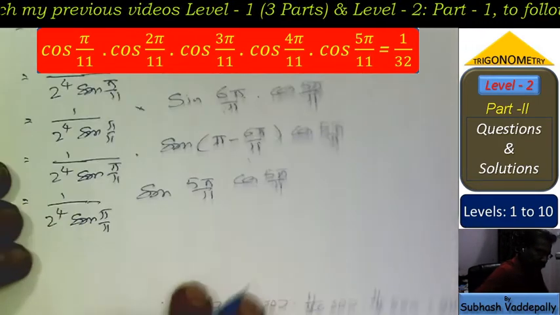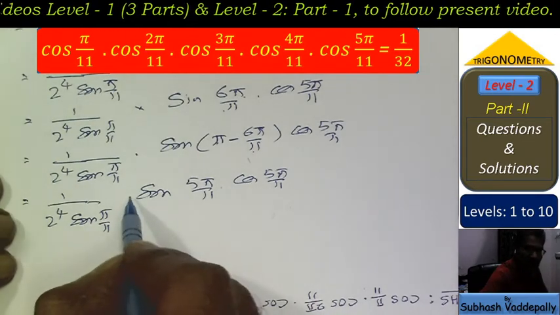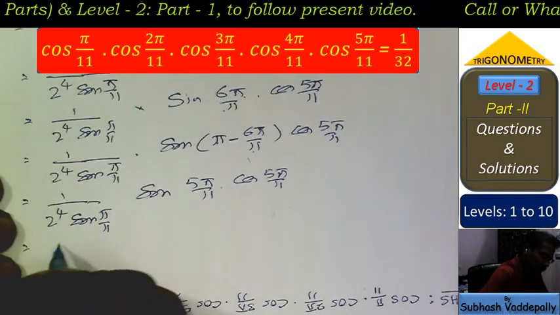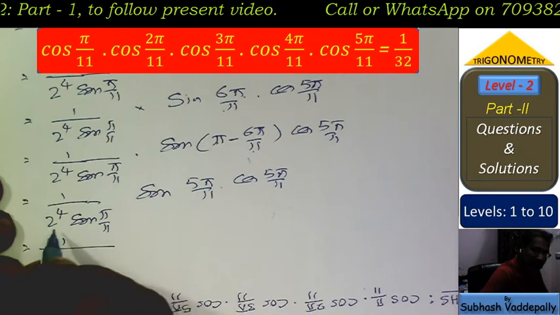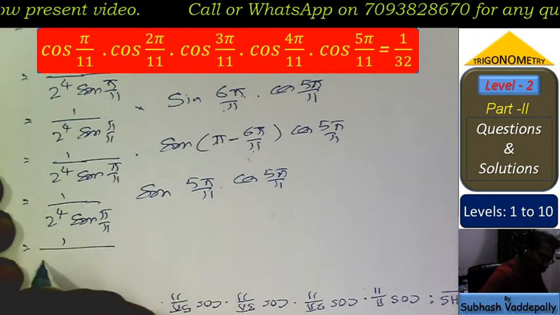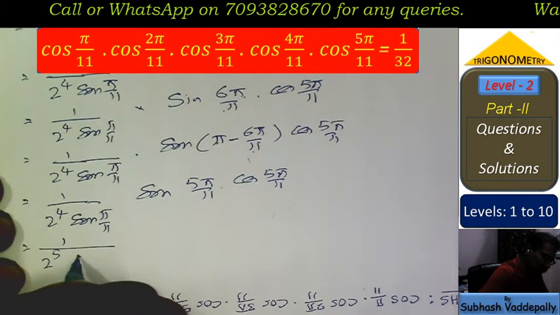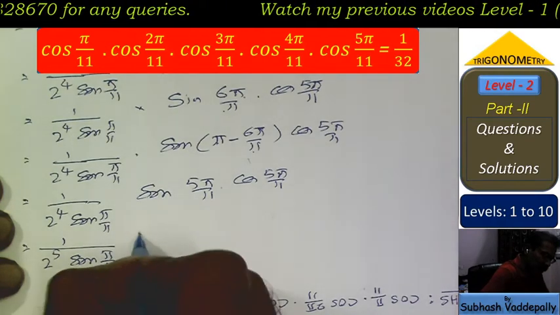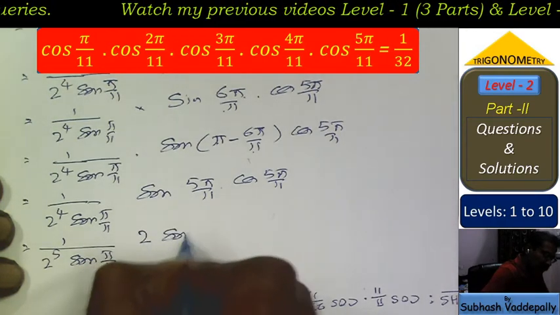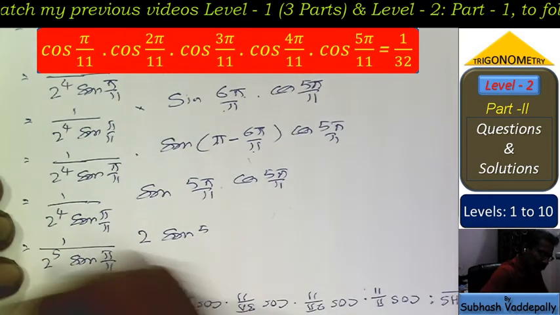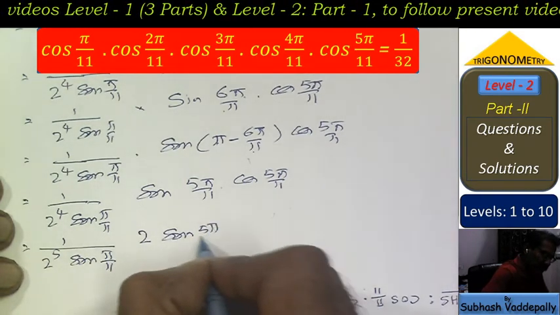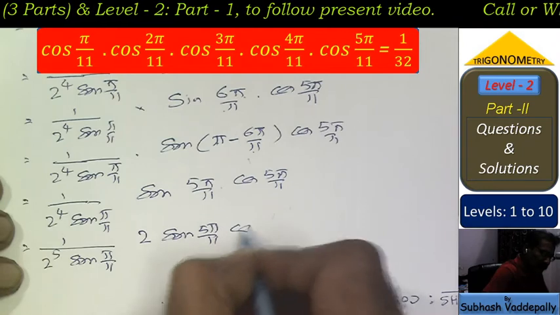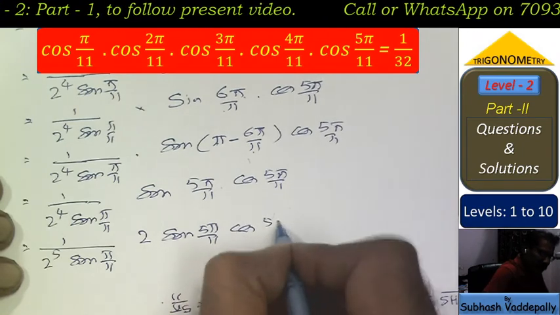Okay, again I need 2 here to get the formula. So again I multiply and divide by 2. Already 2 power 4 is there. Here I get 2 power 5 sine pi by 11. Here I write 2 sine pi by 11, here multiply and then divide, into cos 5 pi by 11.